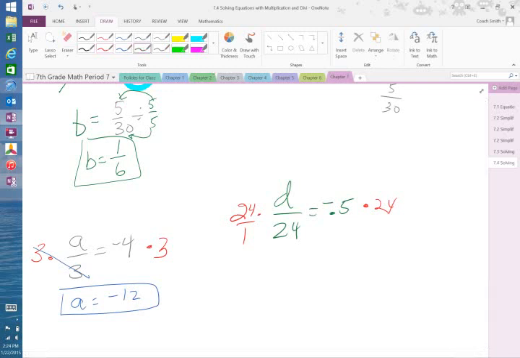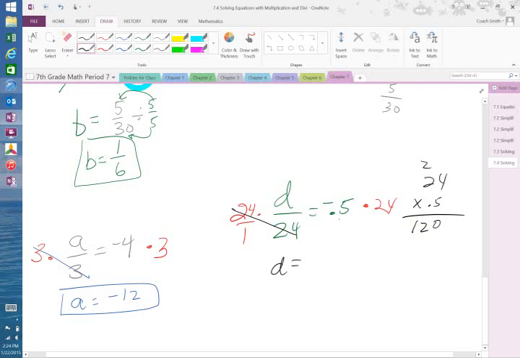Well, the 24s on the left side cancel out, leaving me with d. 0.5 times 24 is this right here. That would be 5 times 4 is 20, carry my 2, 5 times 2 is 10, plus 2 would be 12. I have one decimal spot, so that's 12.0, which is 12. And it is -12. It's -12 because of that negative sign. Doesn't matter. Has nothing to do with it.